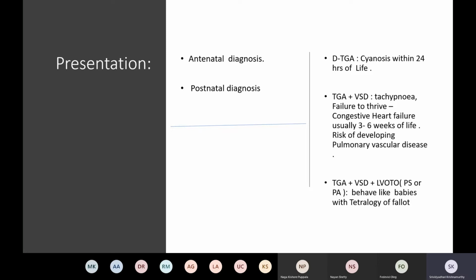Instead they develop more signs of pulmonary overcirculation, over a period of a few weeks. So they can present with congestive cardiac failure like symptoms, failure to thrive in about 3 to 6 weeks of life. And of course, if left for a longer time, they are at risk of developing pulmonary vascular disease as well.